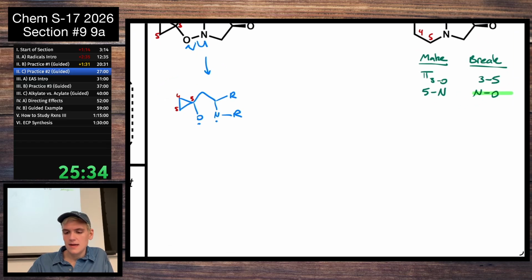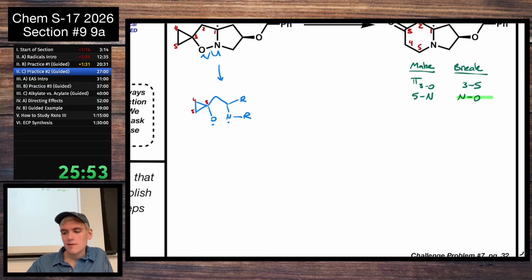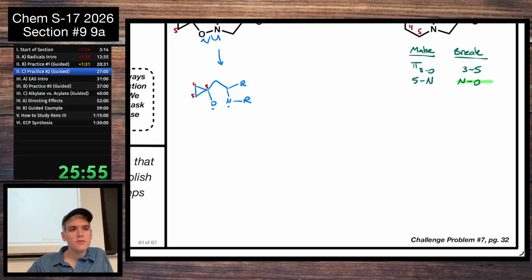So if we broke this 3-5 bond and one of them went to nitrogen, we'd still have 2 radicals, which is not our favorite. Hypothetically, we could do it, but I'm more inclined to try to do something with the O radical, because we need to bust open this ring in order to make 5 a little bit more reactive.